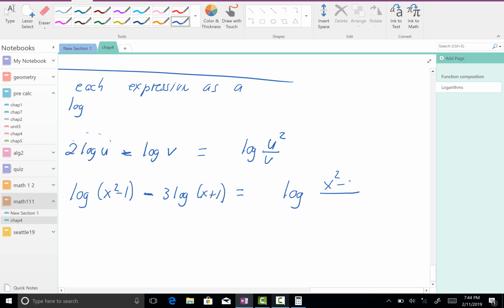X squared minus 1. No, this 2 is with the x squared, so it stays. But what about this? That would go over the parentheses of x plus 1, so that's going to be x plus 1 cubed. So that's what it's going to look like. Don't let all this stuff mess with you. You're still doing the same thing. It doesn't matter whether it's an expression or a number or a variable or whatever. You're still using the same thing.